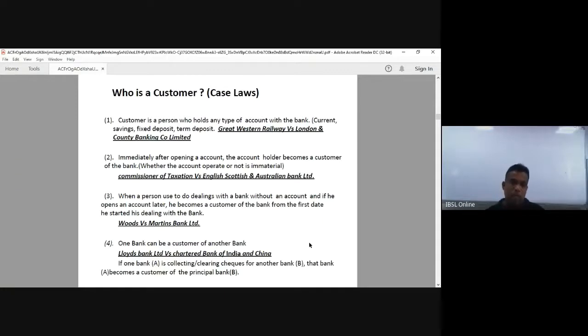My question is whether I have a right to file action against the bank under the banker-customer relationship for the breach of duty of secrecy. Can someone please answer that question? You can unmute your microphone and answer.